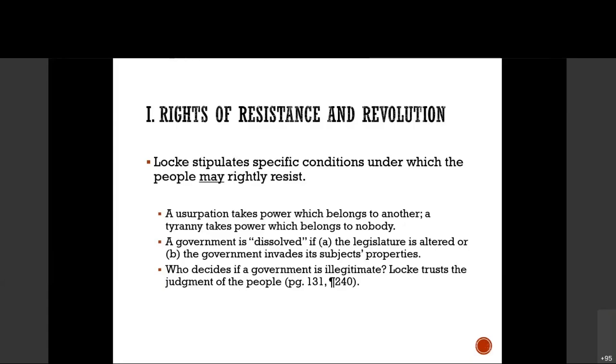He thinks that the people are the ultimate judge as to whether or not the government is exercising legitimate power.